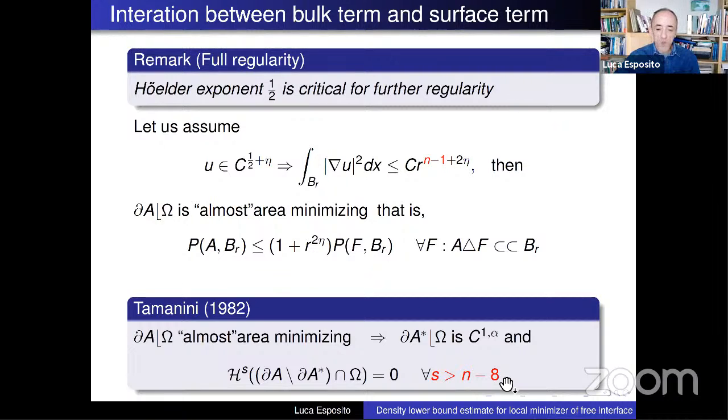So up to dimension 8, you have no singularity at all. This is the best regularity you can have for the interface. But of course, you have this only if you can ensure that the bulk term decays in a good manner, so if you know that u is in C^{0,1/2+something}.